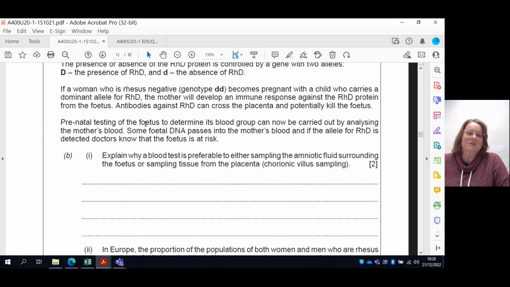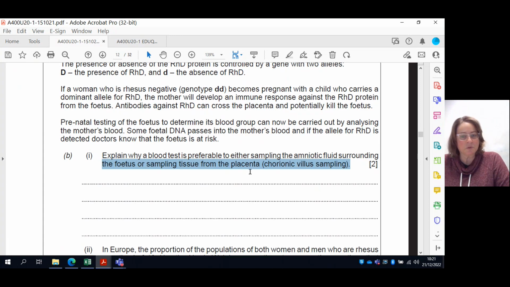So prenatal testing of the fetus is determined by the blood group, which is carried out by analysing mother's blood, because you get some of the baby's blood in mother's blood. And this question here is actually going back into your understanding of the reproduction unit. Why do we do a blood test on mom's blood rather than getting fetus samples or tissue samples, some sampling from the actual embryo?